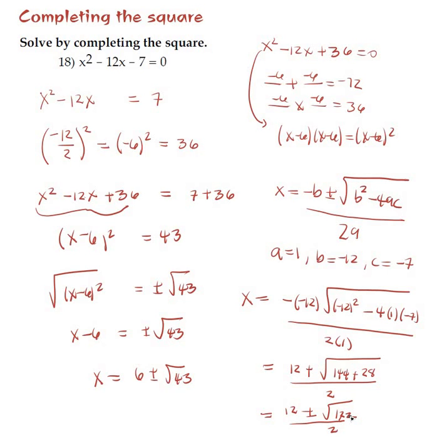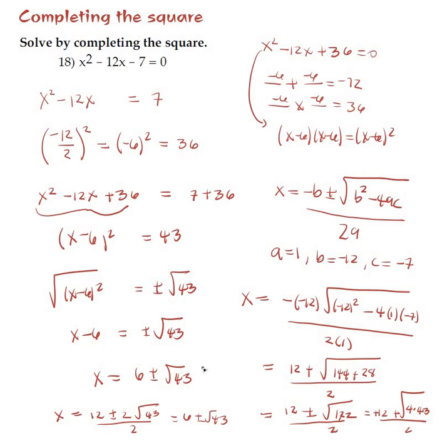And 172 is actually 4 times 43. So it's positive 12, I'm sorry, plus or minus 2 square root of 43, divided by 2. Now you can divide: 12 divided by 2 is 6, and 2 divided by 2 is 1, so 6 plus or minus the square root of 43.